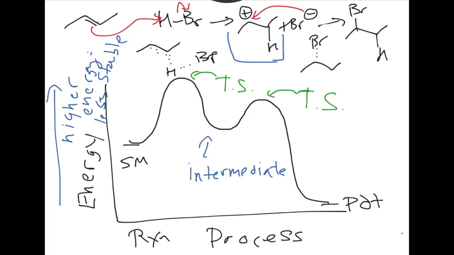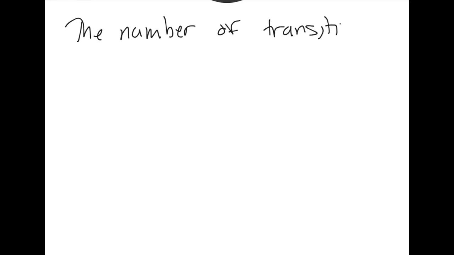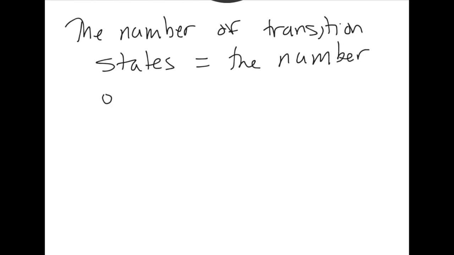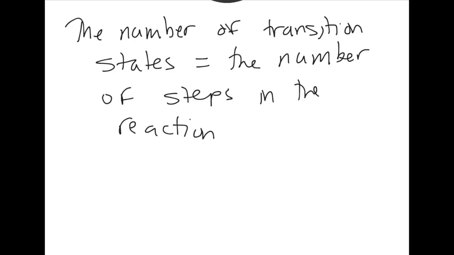So we can get information from a reaction coordinate diagram, even if we don't know what the reaction that we're doing is. Right? So one thing that's really easy to pull out of a reaction coordinate diagram is the number of transition states equals the number of steps in the reaction.